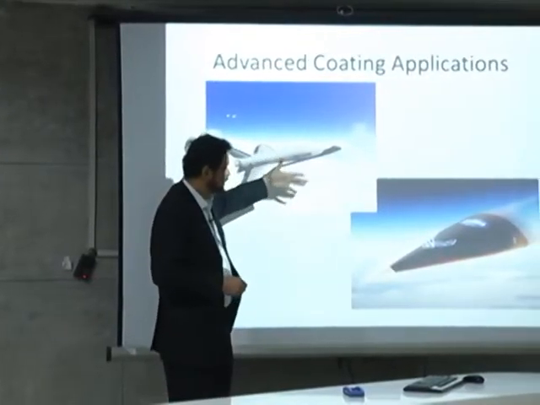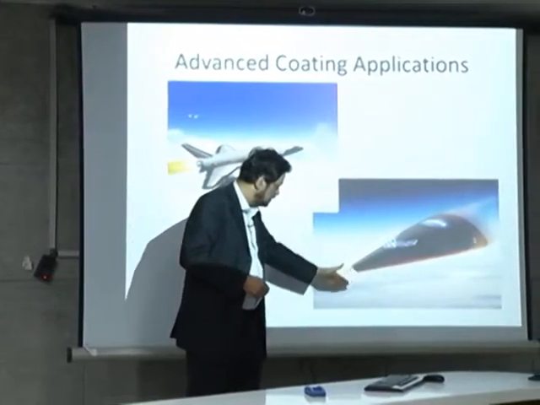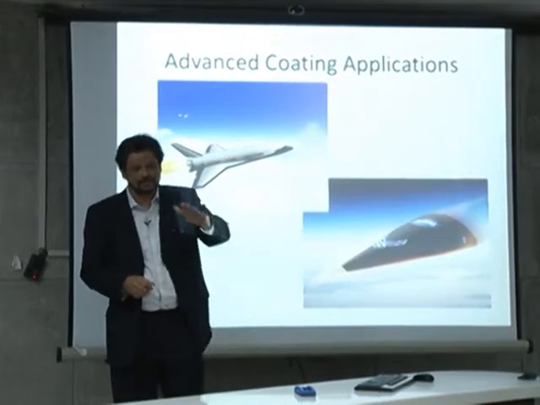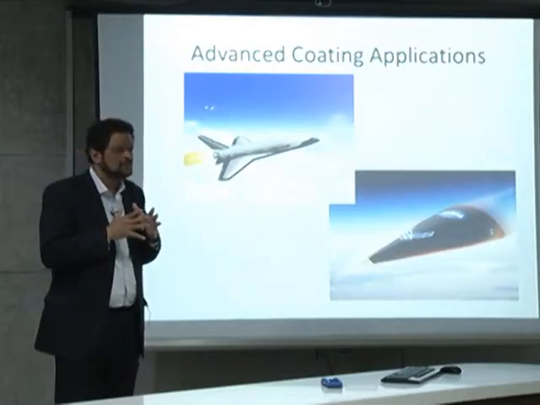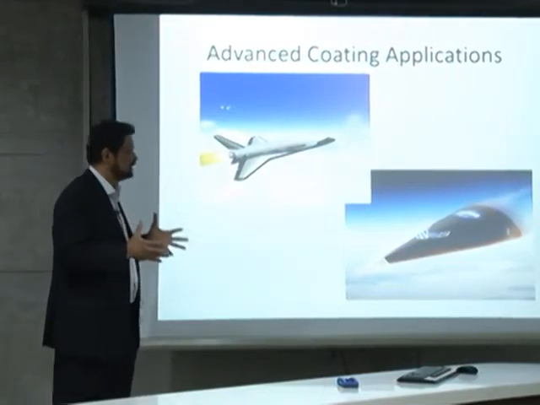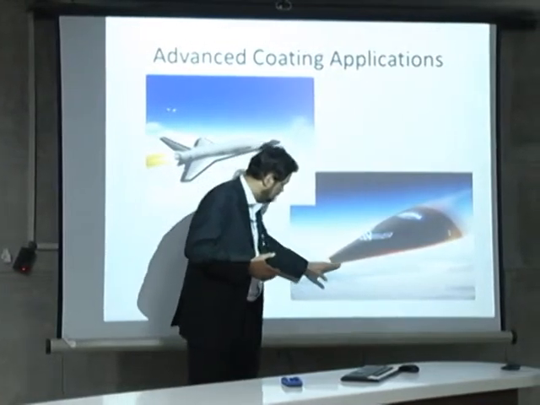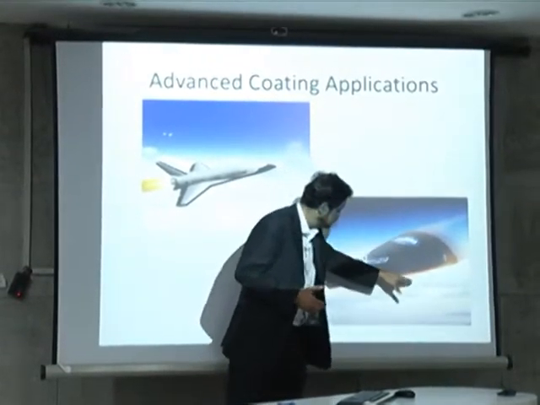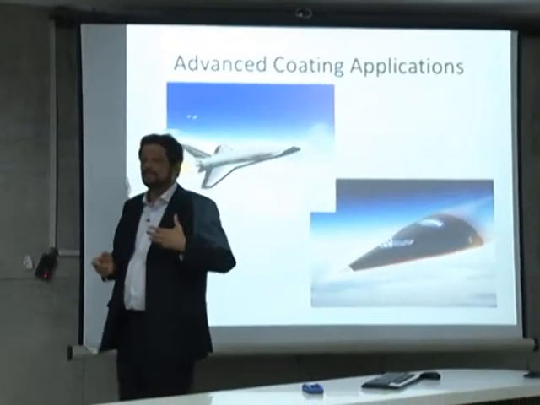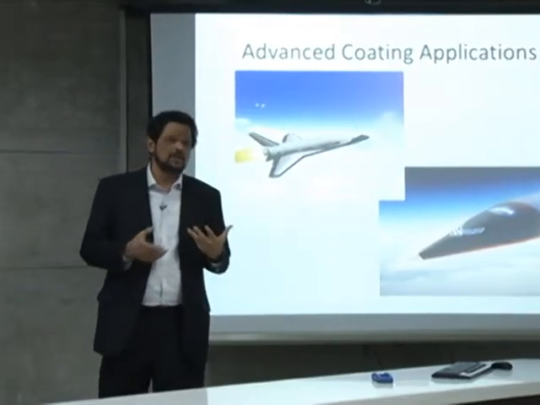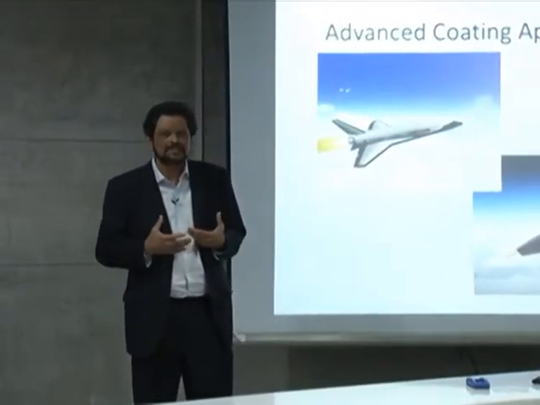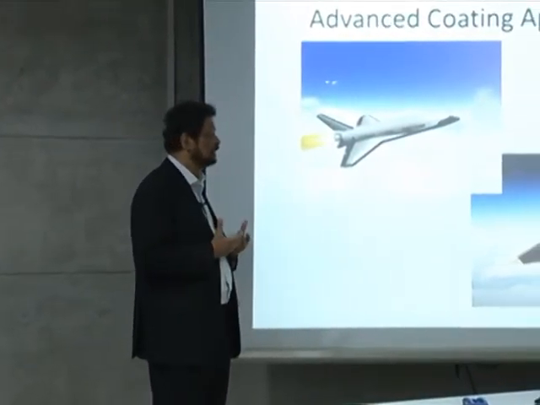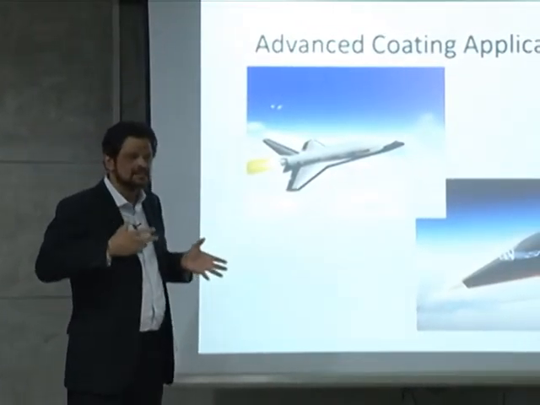And when a hypersonic vehicle enters the Earth's atmosphere, or when it leaves the Earth's atmosphere, because of the friction, there is a very large amount of heat that is generated by friction on the surface. It is shown in red here. And that type of heat generated, which causes high temperature, there are not too many materials out there which can easily withstand that. So they try many different ways of doing that.